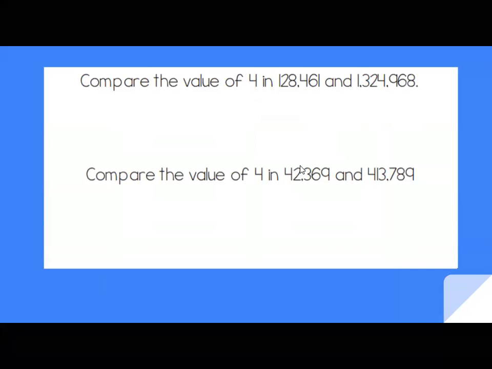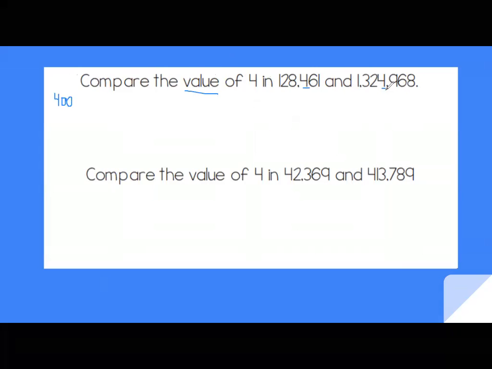So now we're going to take a look at the value of the same digit in two different numbers. First we're going to compare the value of the 4 in 128,461 and 1,324,968. If I look at the 4 in the first number, this value is 400 because it's in the hundreds place.